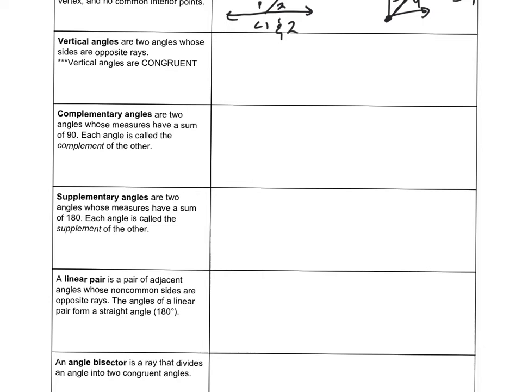Now, moving on to the next one: vertical angles. Vertical angles are two angles whose sides are opposite rays. Vertical angles are congruent. So I'm going to draw our picture like this. Here we have an opposite ray, and here we have an opposite ray.